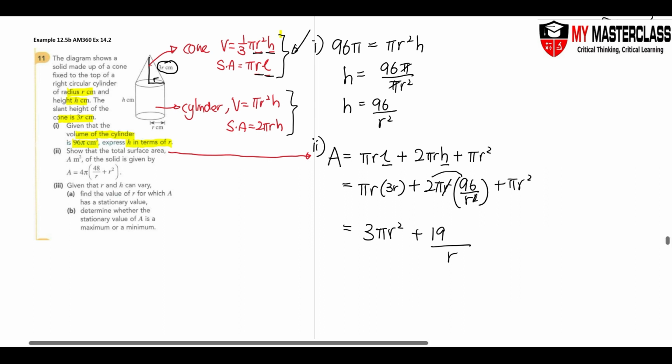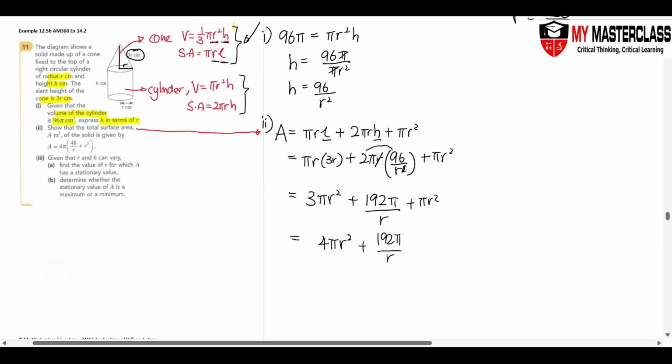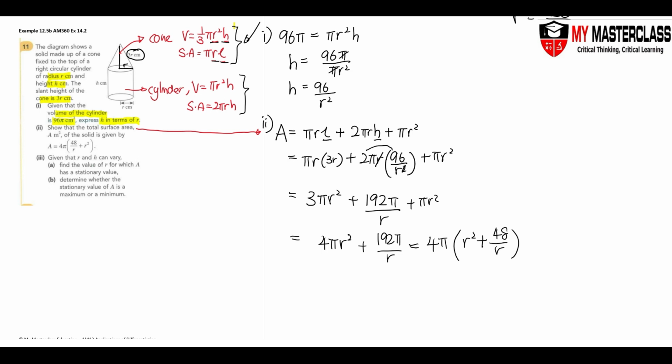Plus πr². So in total you have 4πr² plus 192π over r. You must give exactly what the question wants. So I factorize out a 4π. I will get r² plus 48 over r, and this is what the question wants.